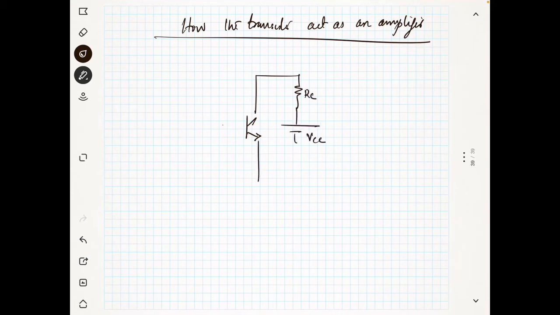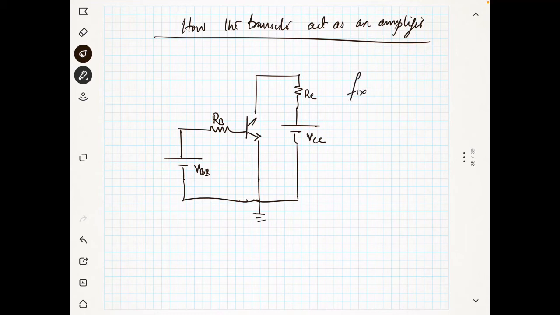You have RC, you have VCC, and you have RB, and you have VBB. This is a particular way of giving the power supply to the transistor to fix IC and VCE.